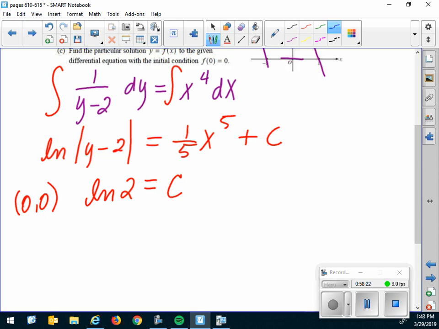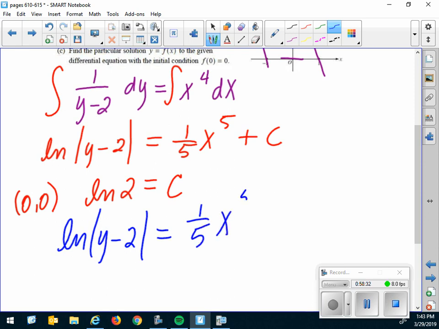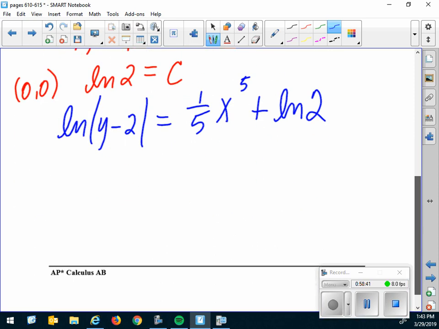Have we done exactly this one? Natural log of absolute y minus 2 equals, I know we've done this problem. Plus natural log of 2. So, yeah, your previous set of notes, number 5, is this problem.